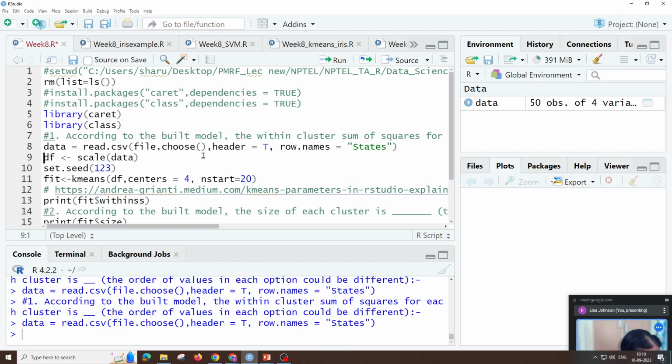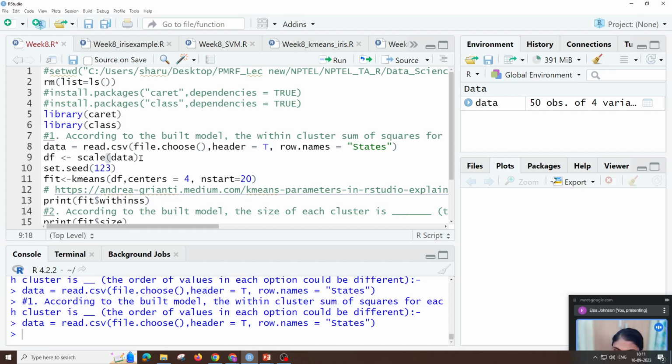Any doubts? Okay, so you have to scale the data and you have to set the random seed. First, I'll be scaling the data using the scale function.